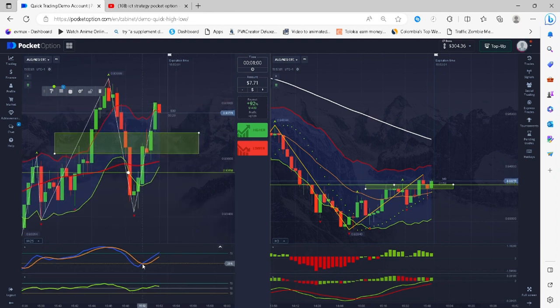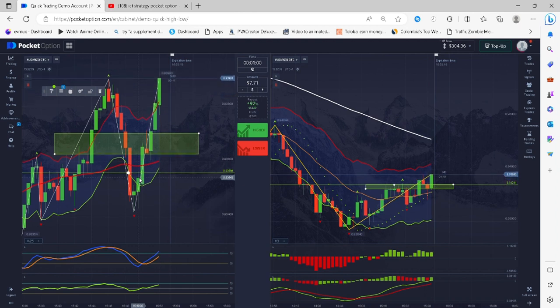Now you wait, the market leaves the Keltner channel, plays along, does all these manipulations, and once it starts to come up, you will see the first green candle, or whatever candle, that closes inside of the Keltner. The first candle that closes inside of the Keltner will give you your signal to buy.